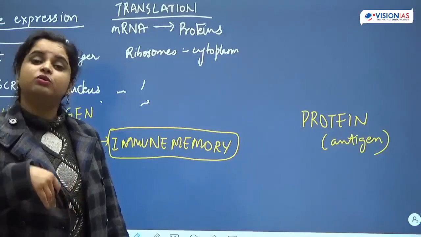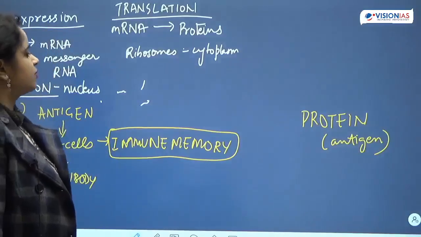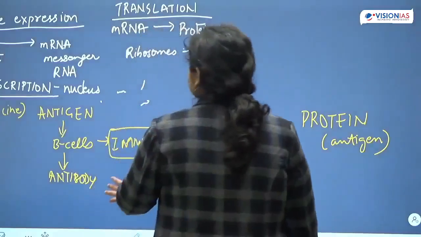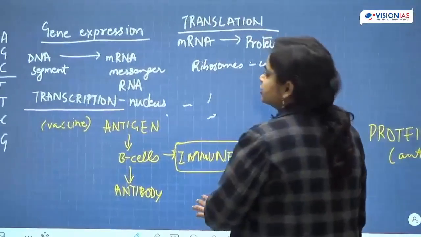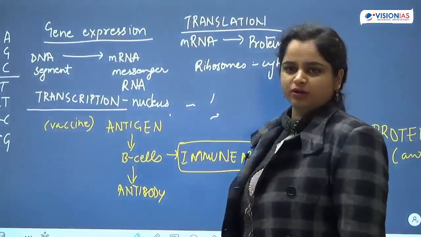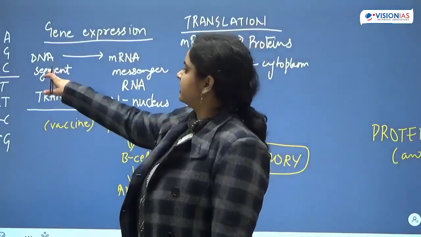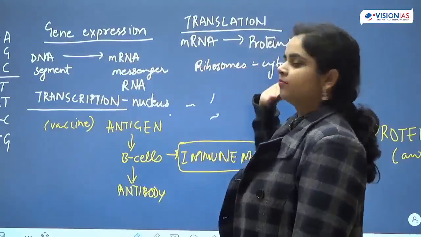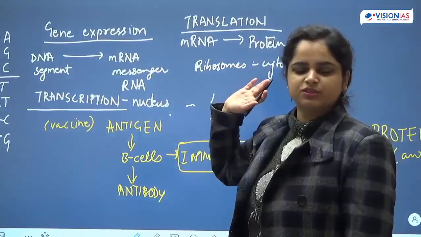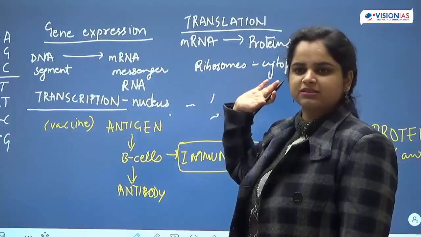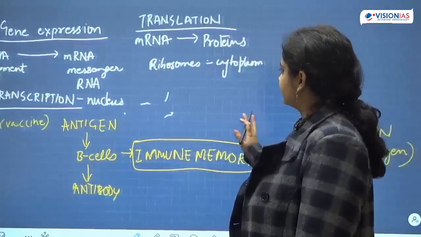We found out a new way in which we are going to use nature's own system of protein production. What is nature's system of protein production? DNA, mRNA, protein. This is the sequence which body follows, which happens in nature. So we'll use the same thing.